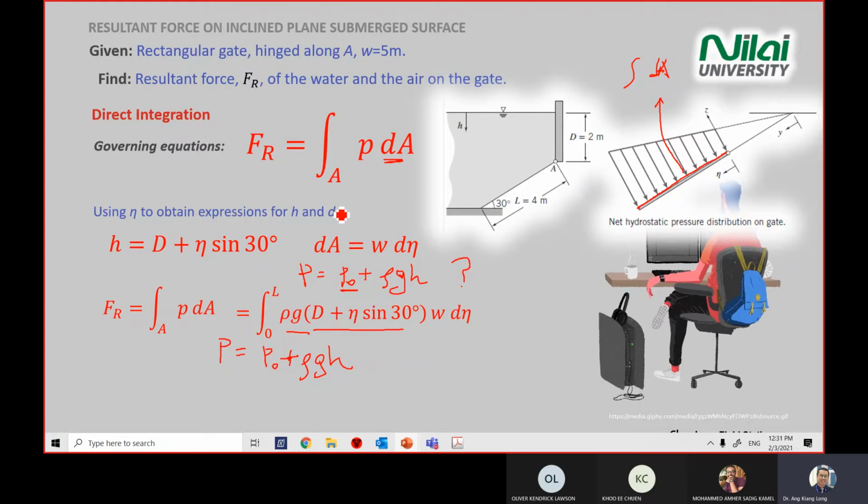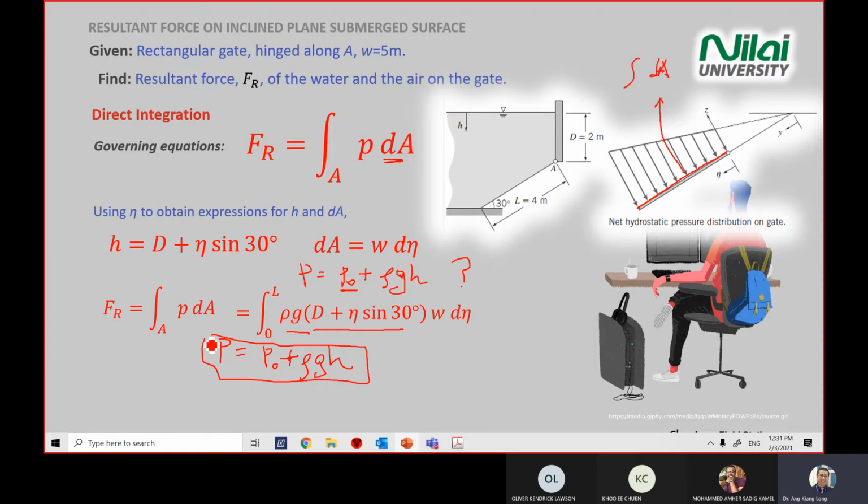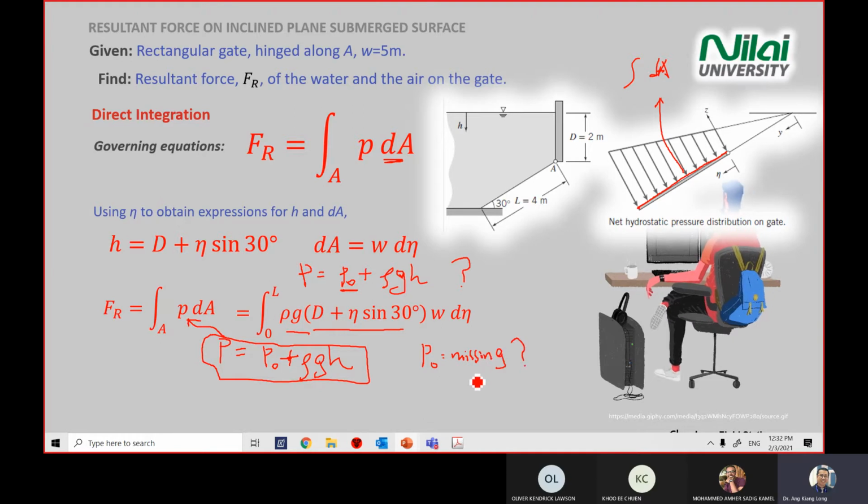So when we substitute this P definition into here, why in this case do we not use P0 in the equation? Why do we not consider the ambient pressure in this case? Why is P0 missing, or why do we ignore the P0?